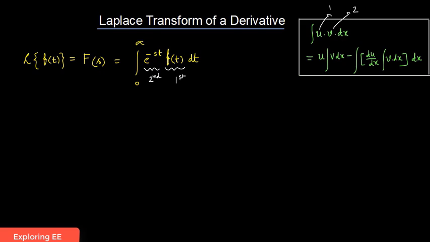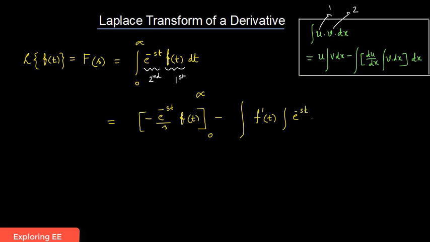So applying the same rule here, the integration of e to the power minus st comes out to be e to the power minus st by minus s, into f(t), under the limit 0 to infinity, minus the integration of d/dt of f(t), that is simply f dash t, multiplied by the integration of e to the power minus st dt, whole dt, under the limit 0 to infinity.